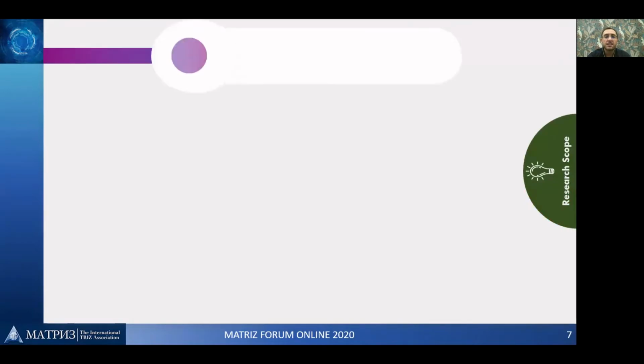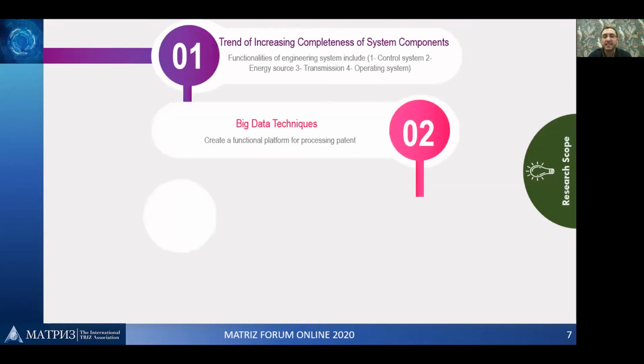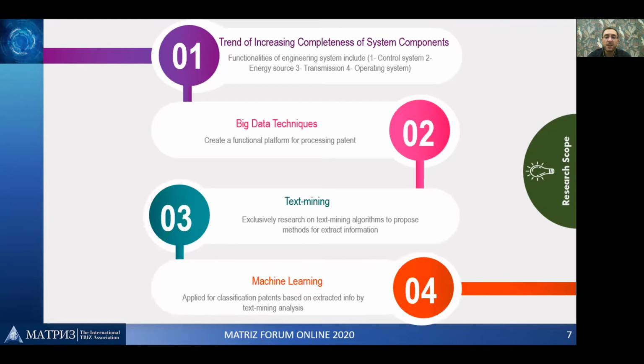In our research, we are going to focus on the trend of increasing completeness of system components and its subtrends. We are also going to focus on big data techniques, text mining techniques, and finally, use machine learning techniques to classify patents.